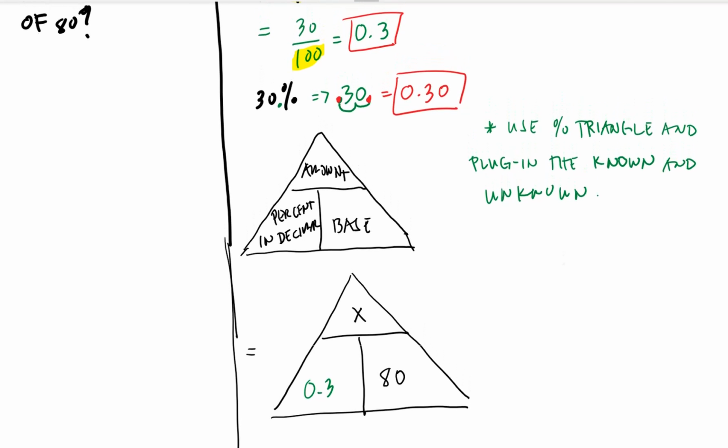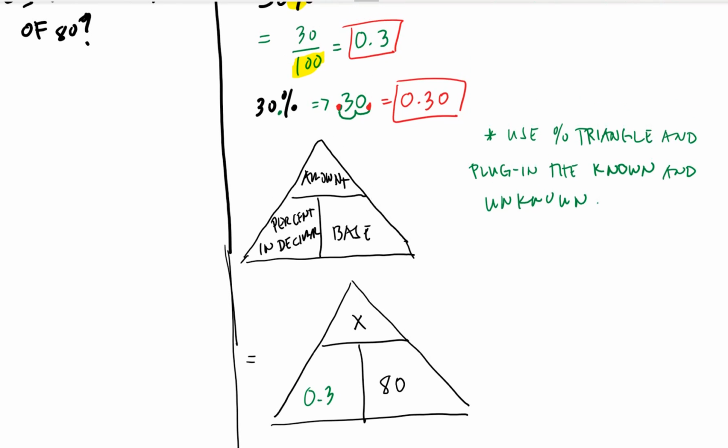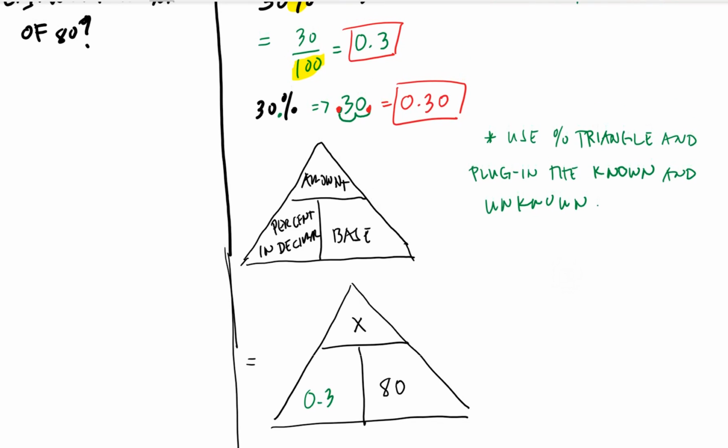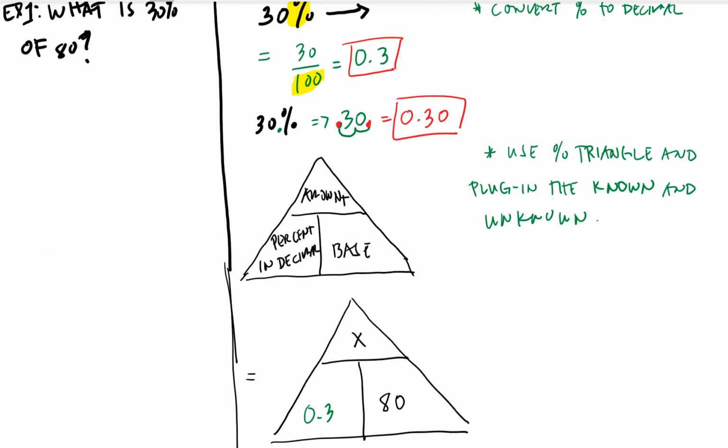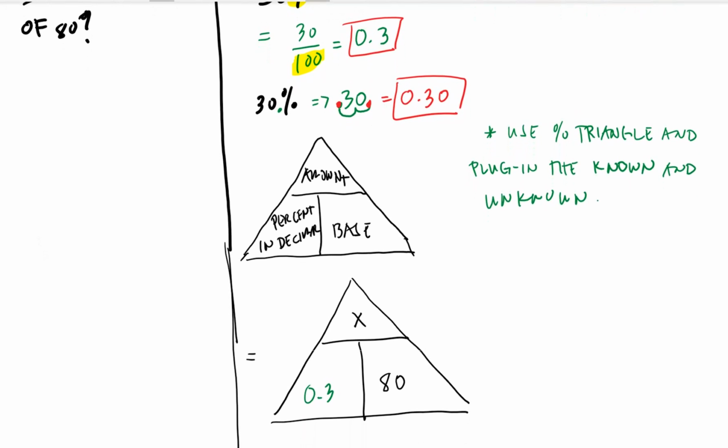So if you can see, X is in the upper part because I'm looking for the amount, and 80 is the base.